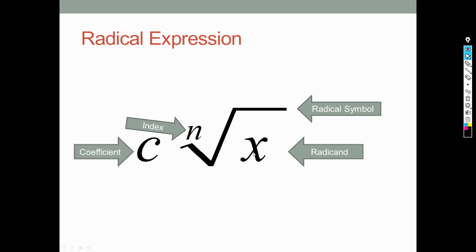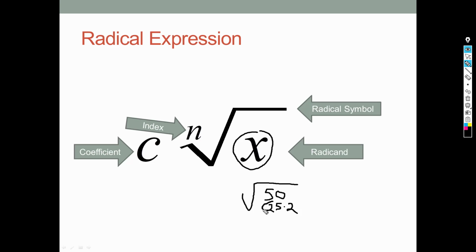And generally, we're going to want this to be in simplest form. So for this expression, if this is the square root, then we don't want any factors of the radicand that are perfect squares. So for example, if you have 50, 50 contains a perfect square, 25 times 2.